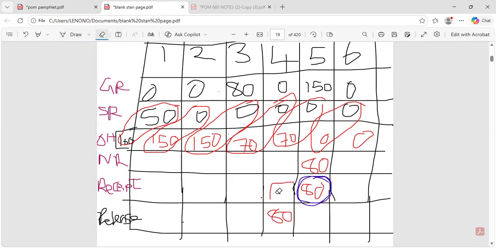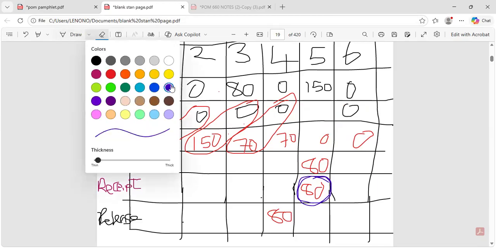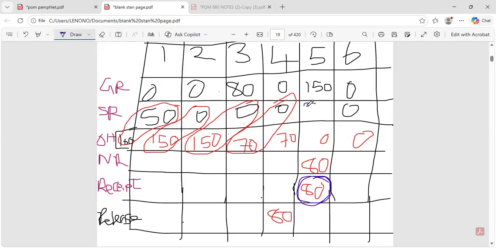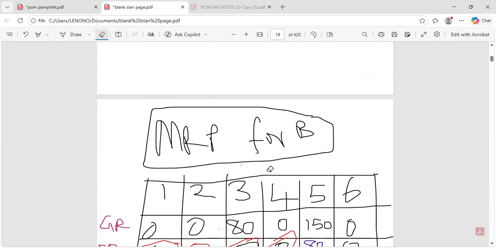You remember what I mentioned? Underneath the 150 in week 5. So you take it here, in the scheduled receipt, and then you just remove this one. All right, so this is MRP for B.